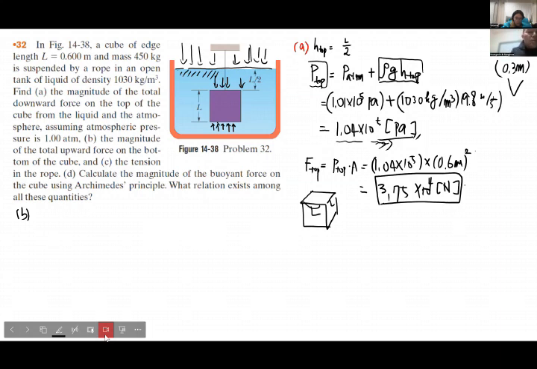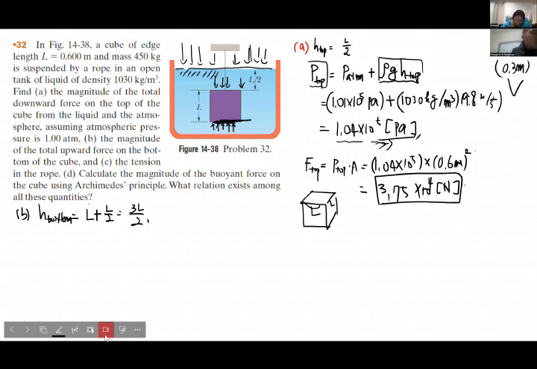Okay, that is number B. In a similar way, the bottom of this cube is how much? L plus L over 2. That's the location of this bottom surface relative to the surface of the water.